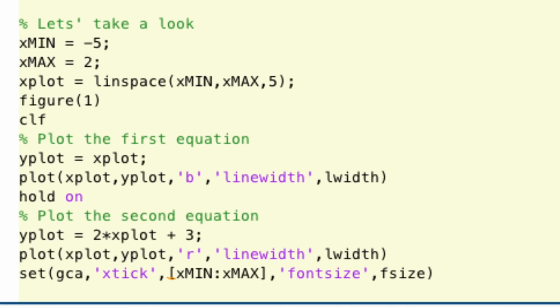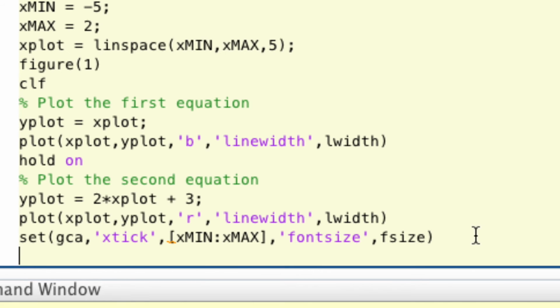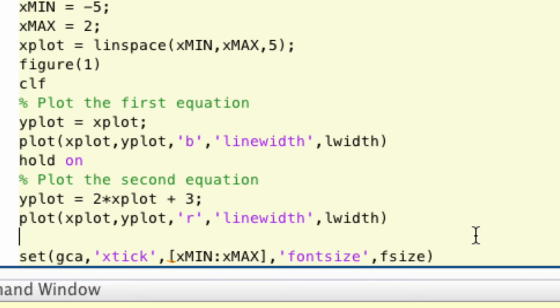And here, plot the unique solution here.